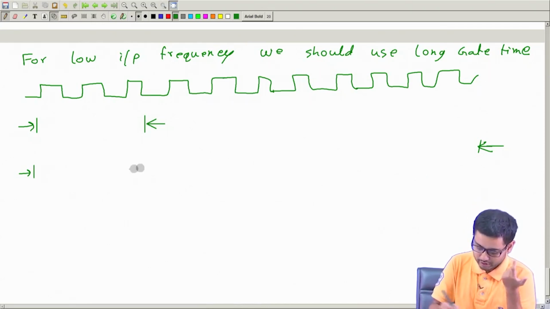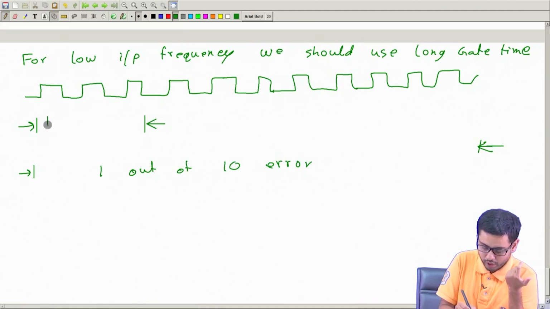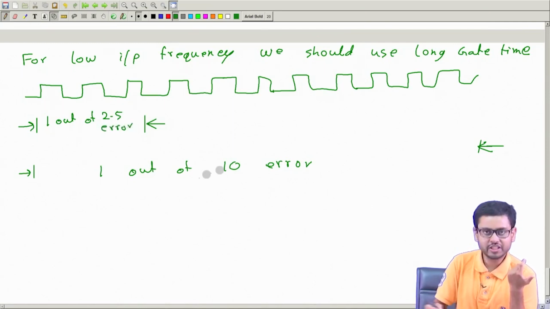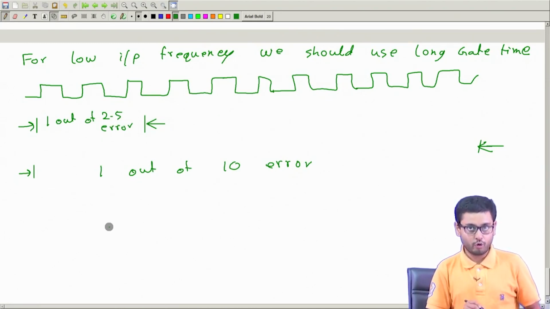So, here 1 out of 10 error, here 1 out of 2.5 is the error. So, here more error, here less error. So, wait for a long time if the input frequency is low. Okay? That is what you have to do.